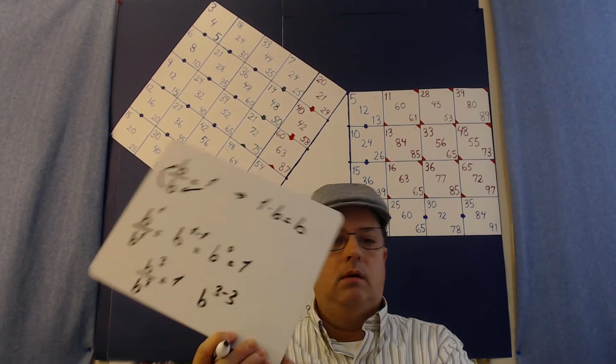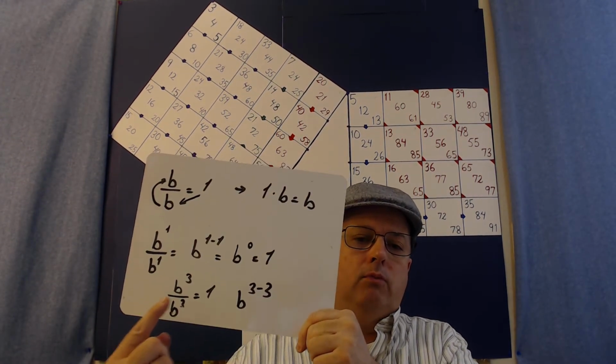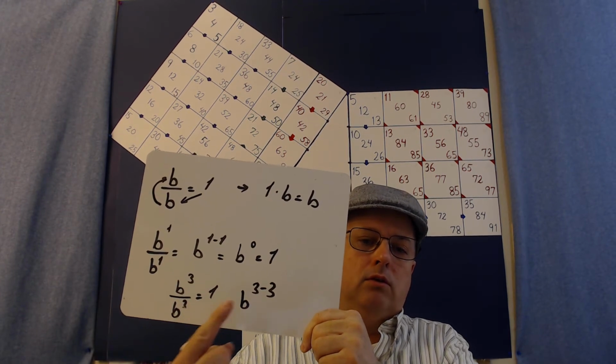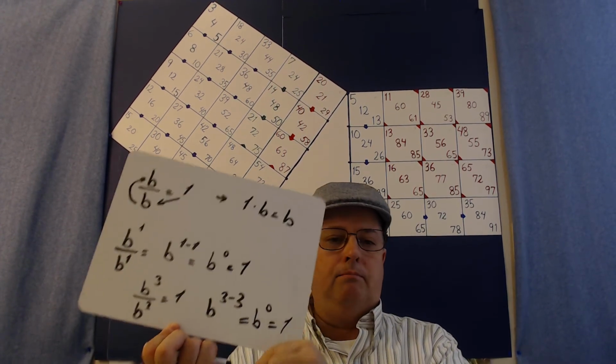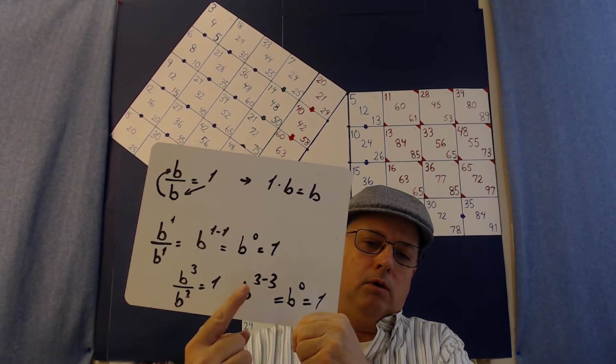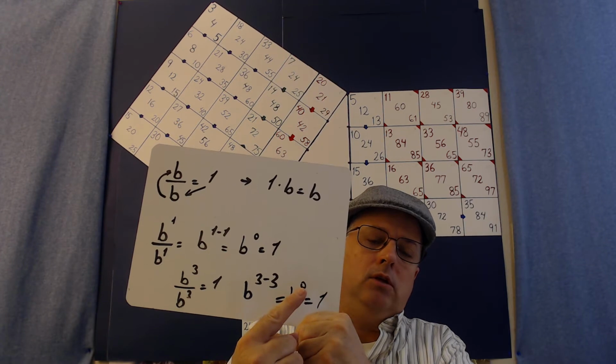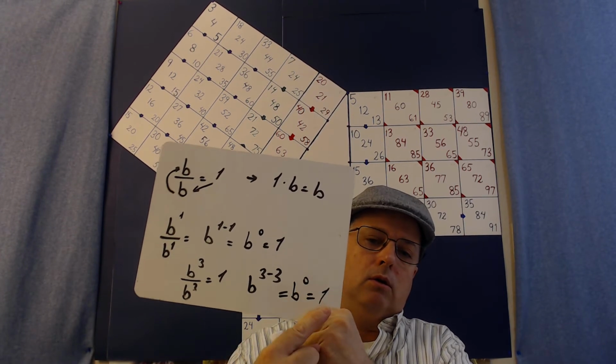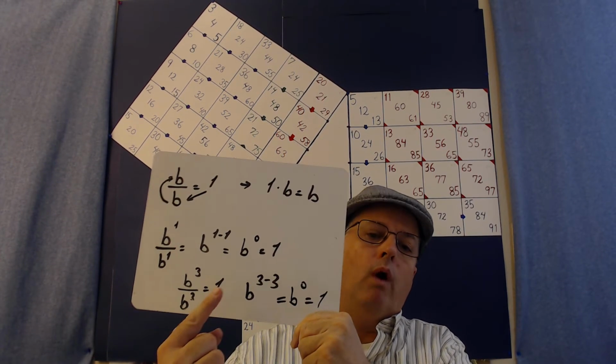And so what's happening there is that we are subtracting our exponents. 3 minus 3 is 0. And since b to the third divided by b to the third is 1, and when we subtract our exponents we get 0, then b to the 0 must also be 1.